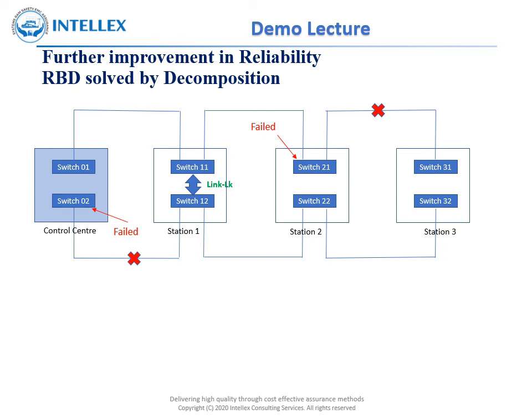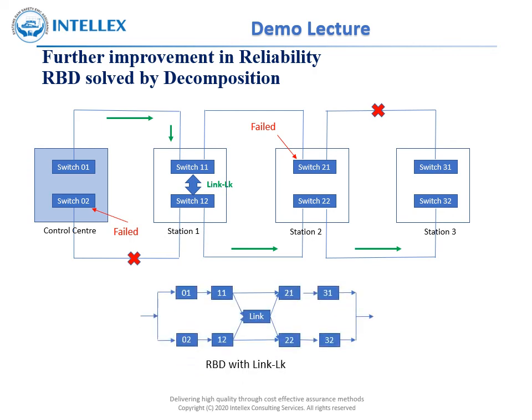Due to provision of the links, it is now possible to tolerate some multiple failures in different paths of communication. In the present case of multiple failures, the link ensures that communication is available as shown by the green arrows in the diagram. The resulting reliability block diagram is shown in the figure.